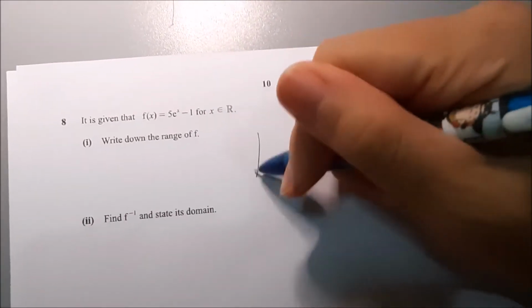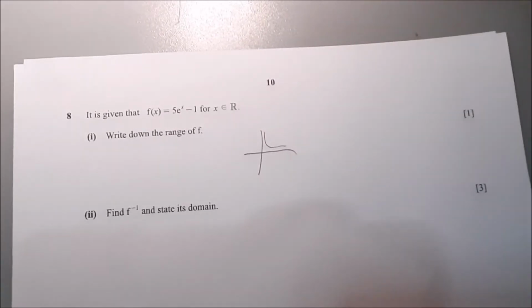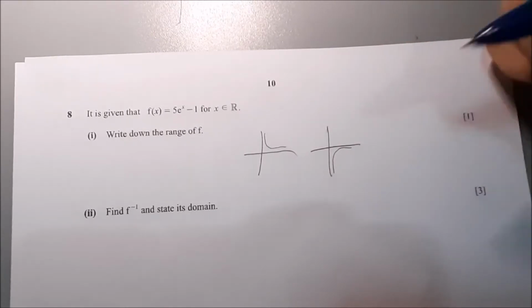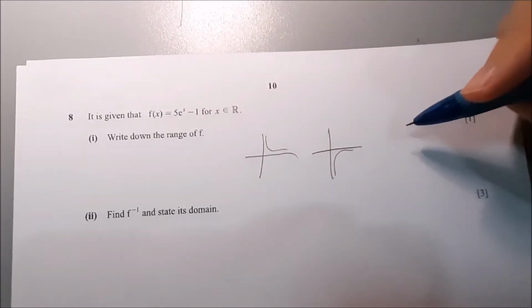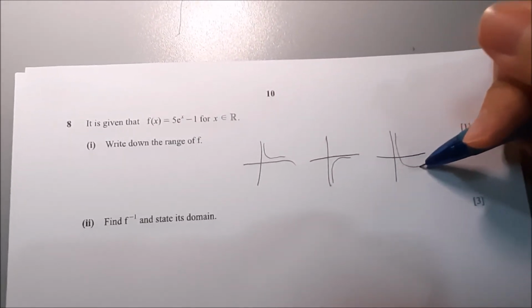An exponential graph will usually look something like this, or maybe like this. For this graph, it will look something like this.